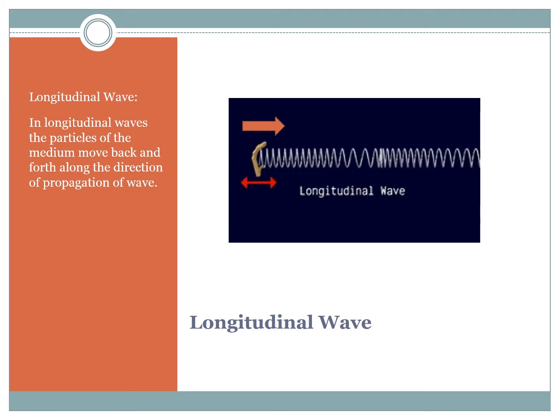As you can see, the rust arrow shows the direction of propagation or the velocity of the wave, and the red arrow shows the direction of the vibration of the particle. And you can see that both the velocity and the vibration of the particle are parallel to one another, which justifies the definition.